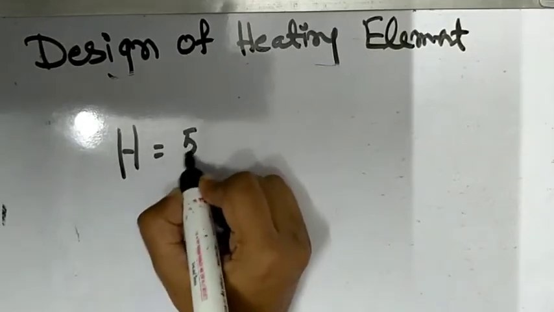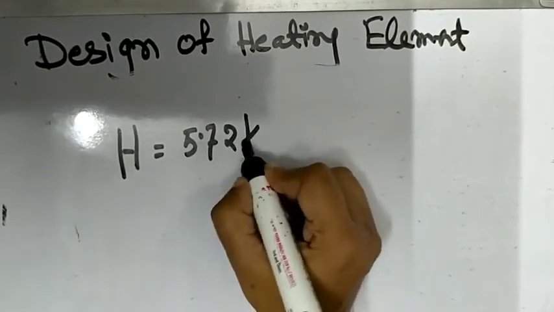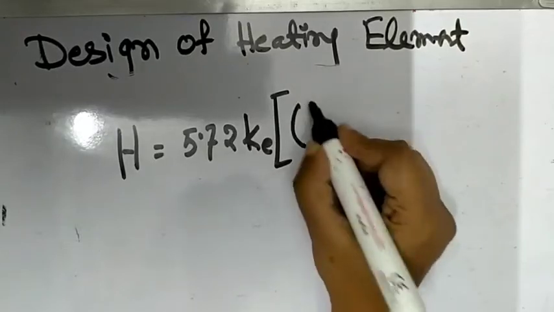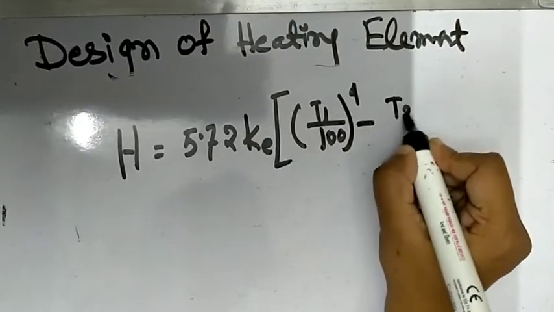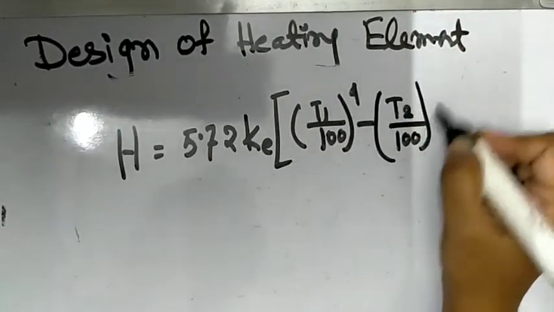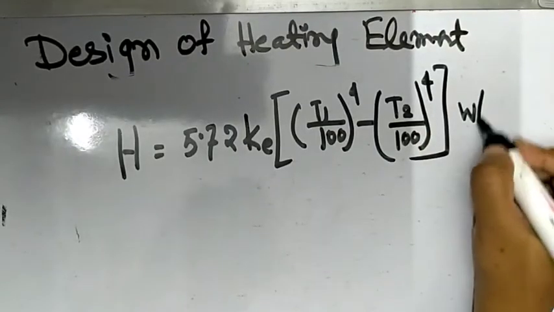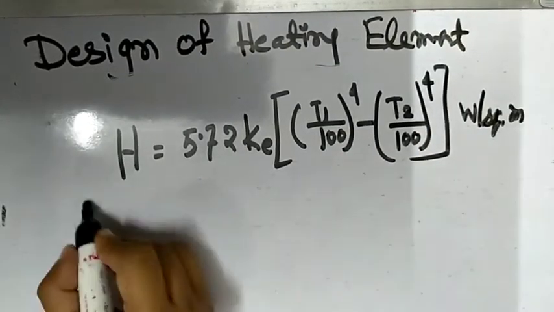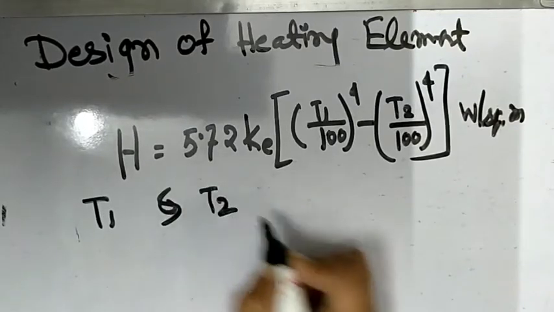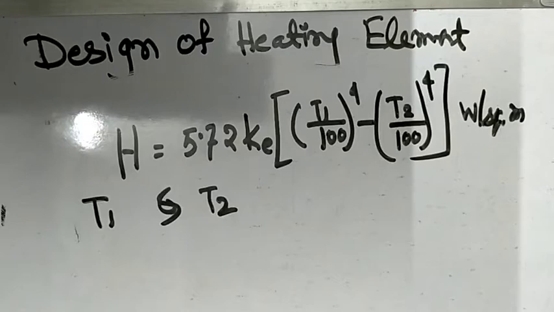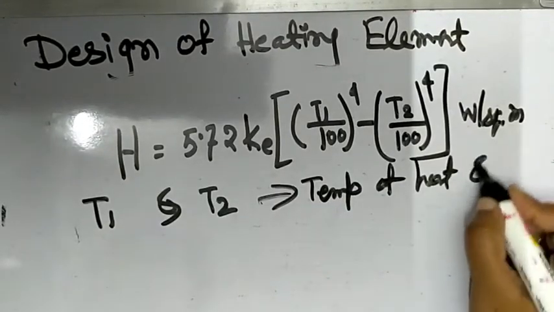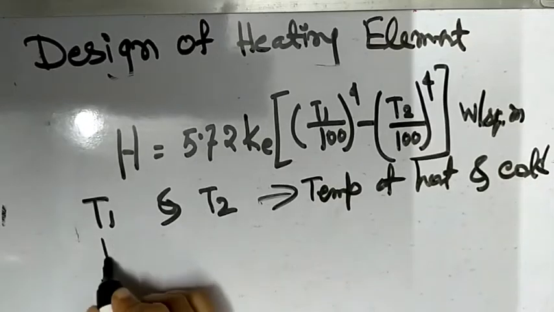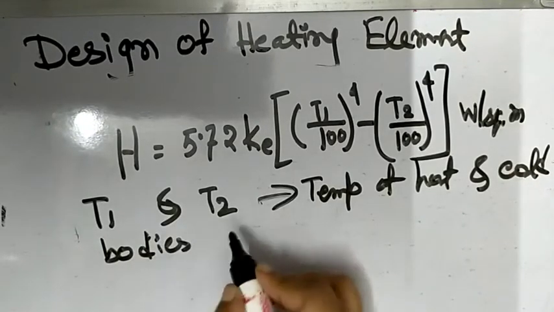H is equal to 5.72 K E into (T1 by 100) to the power 4 minus (T2 by 100) to the power 4 watt per square meter, where T1 and T2 are the absolute temperature in Kelvin of hot and cold bodies respectively.